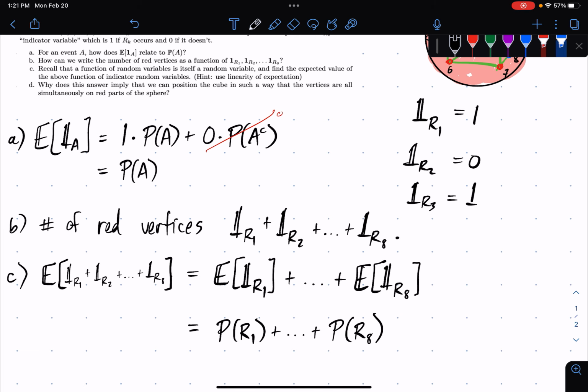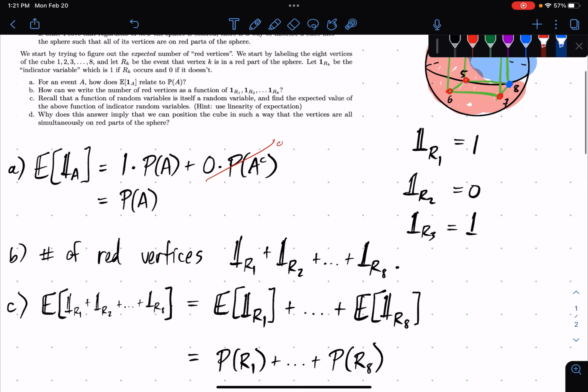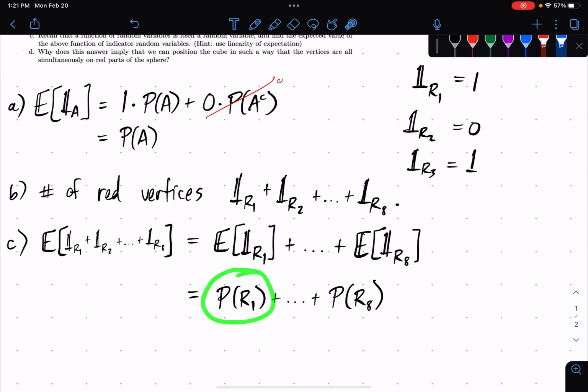We add them all up. All right, and then let's just think about one of them. I think this is the trickiest part because you go like, wait, these events are definitely not independent. And that's true, they're not independent events. But that's okay because we can compute their expected values one at a time, and that allows us to just add up their probabilities.